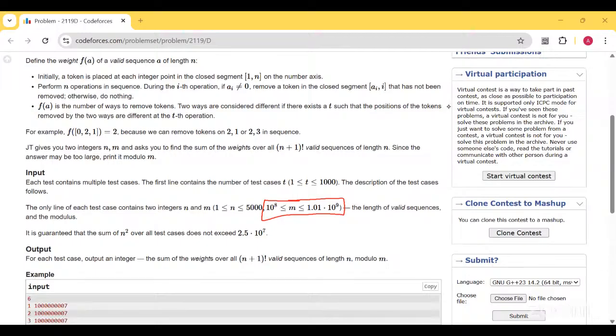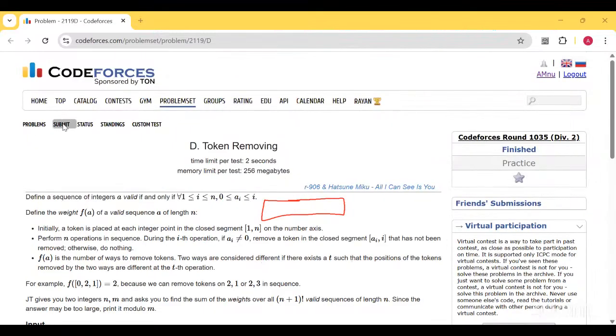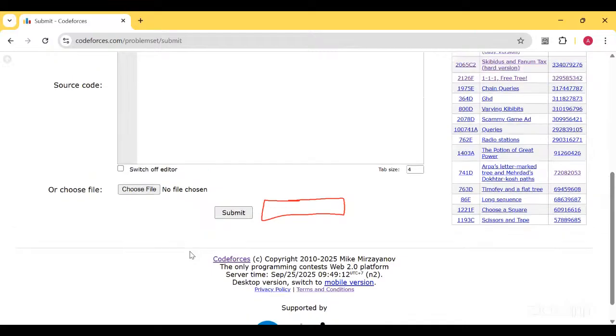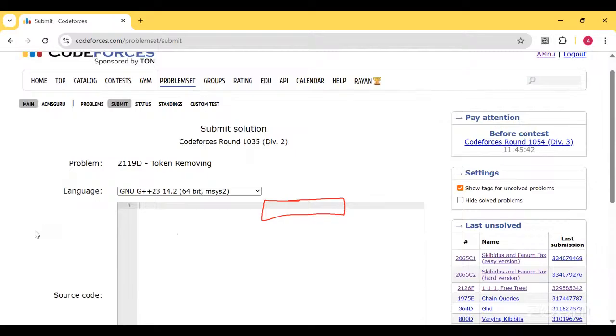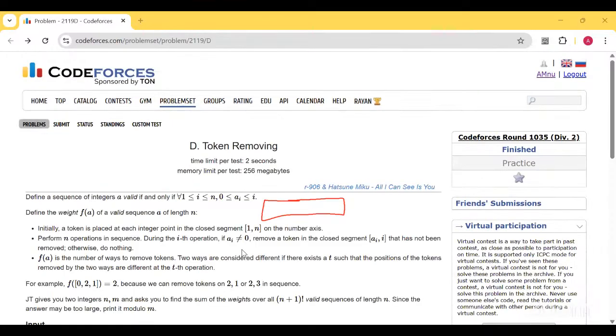The size of the code. Okay. Wait, what is the maximum code size? Ahmed said that the maximum code size is 2 to the 16, or it is around 65,000.